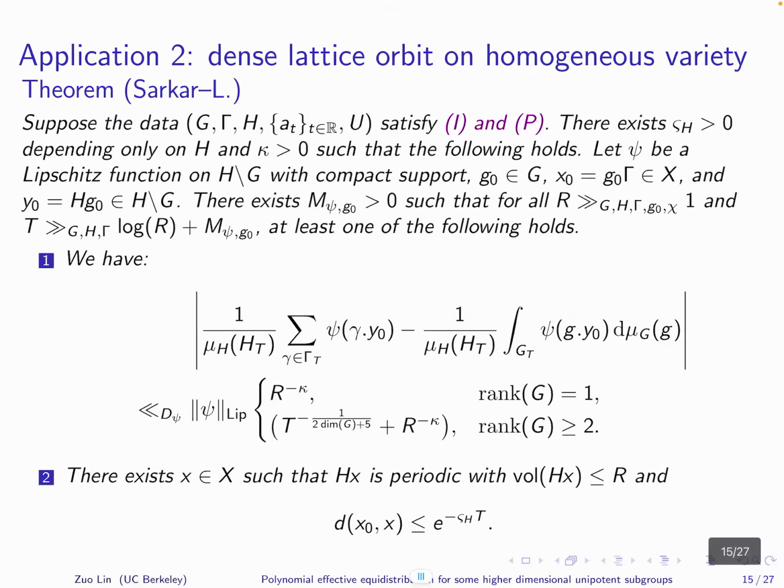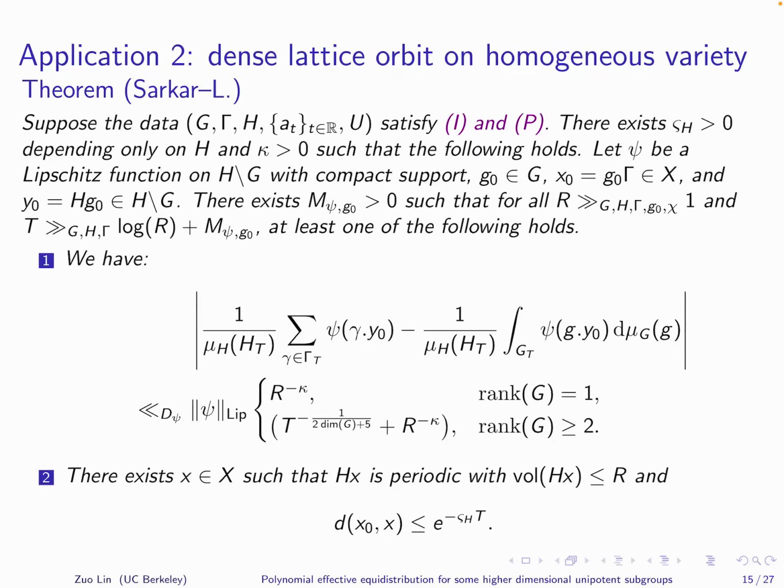This is based on joint work with Pratyush. Suppose there exists an AT inside H so that this data satisfies irreducible and proximal. Then in this setting, we provide a rate of convergence for the previous asymptotic.